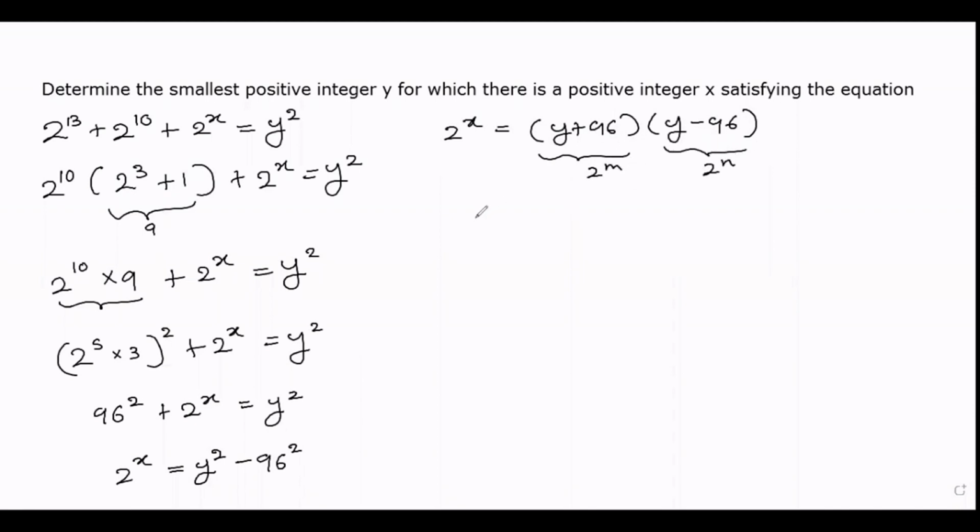So, now how can we solve these equations? We write down these two equations separately. First of all, we should subtract these two equations. Then, we have 2^m - 2^n = 192.